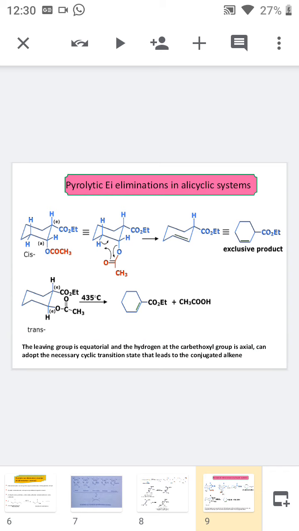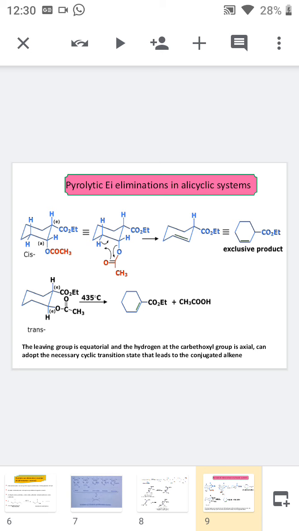So what will we do? First of all, the leaving group is in the equatorial position and the hydrogen at the carboethoxy group is in the axial position, which can adopt the necessary cyclic transition state, leading to the conjugated alkene here.